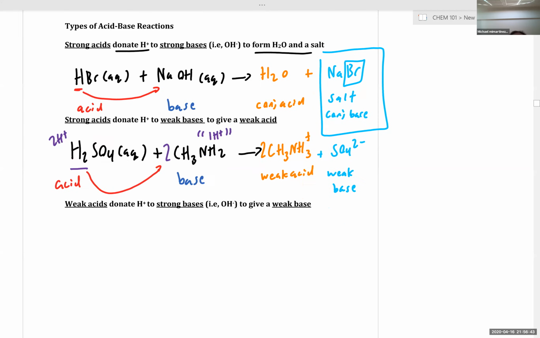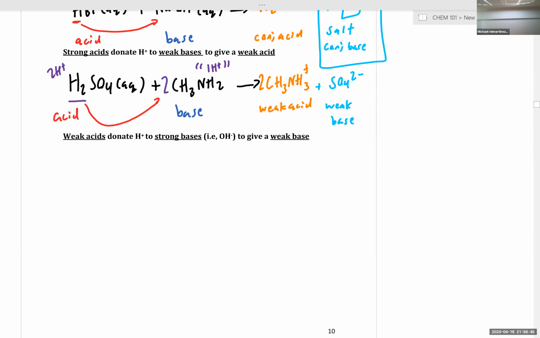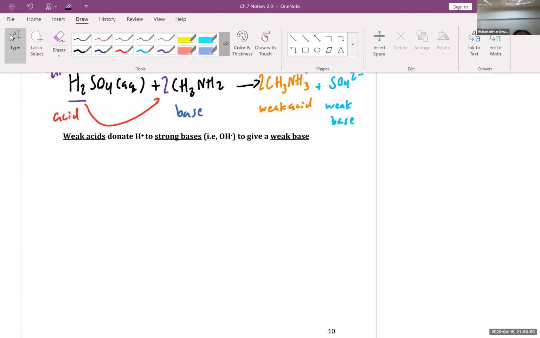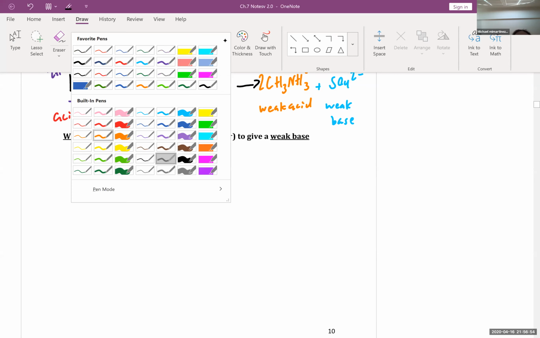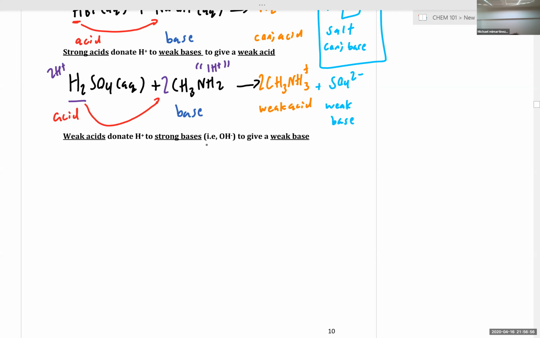Okay. Let's talk about the last major example. So weak acids donate H+ to strong bases to give a weak base. Would someone like to provide me a formula for a weak acid? What's an example of a weak acid that we can discuss?